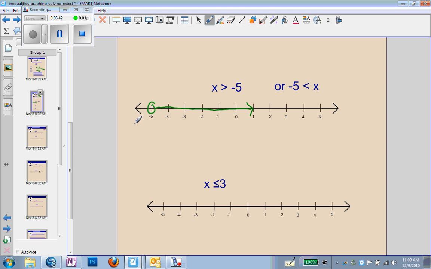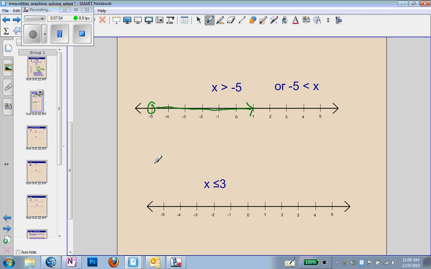Let's think about it. We have -4.1 right in here, -4.11, -4.111111, and that goes on infinitely. We have -4.9, -4.99, -4.9999999. So we have an infinite number of decimals just between -4 and -5.